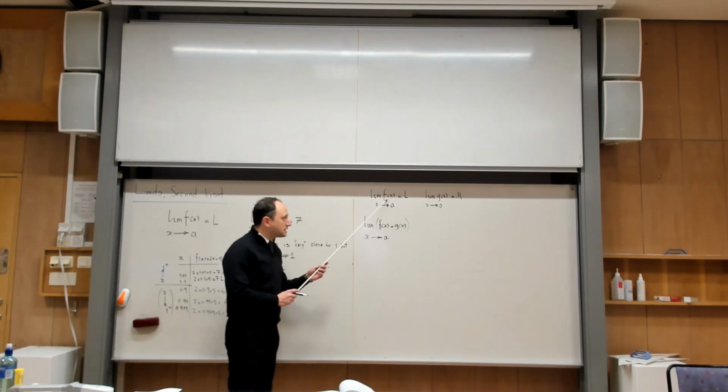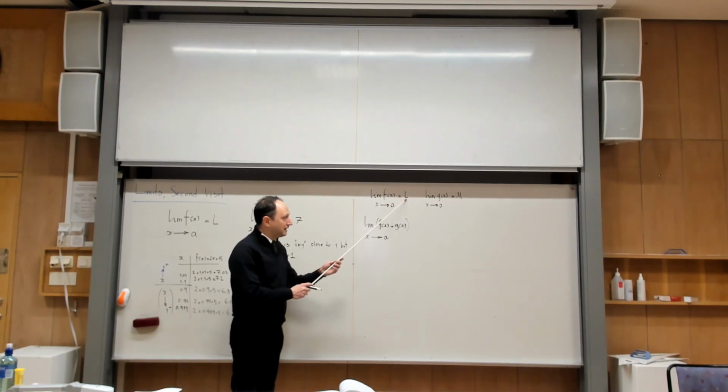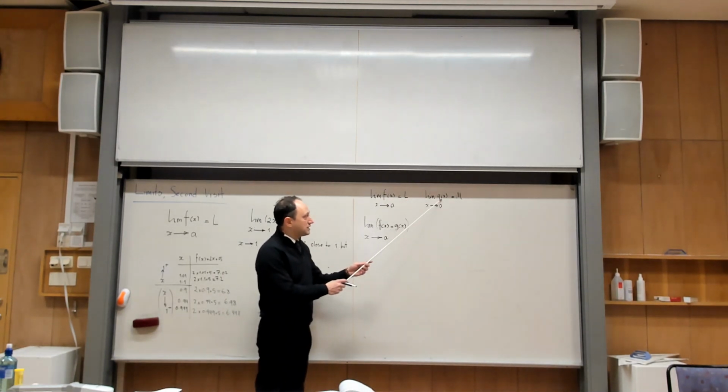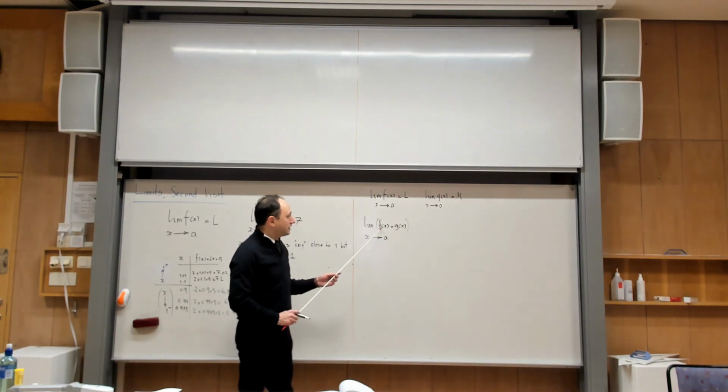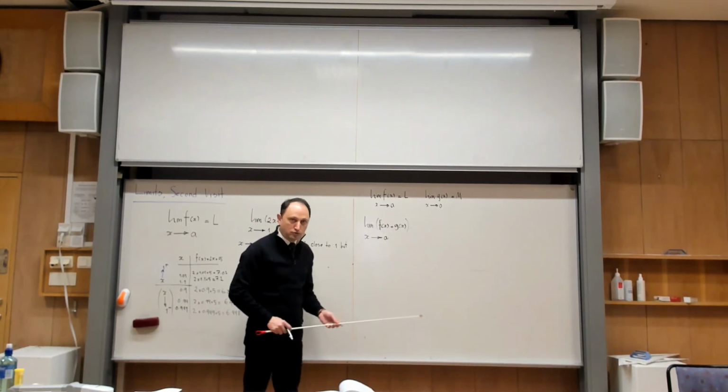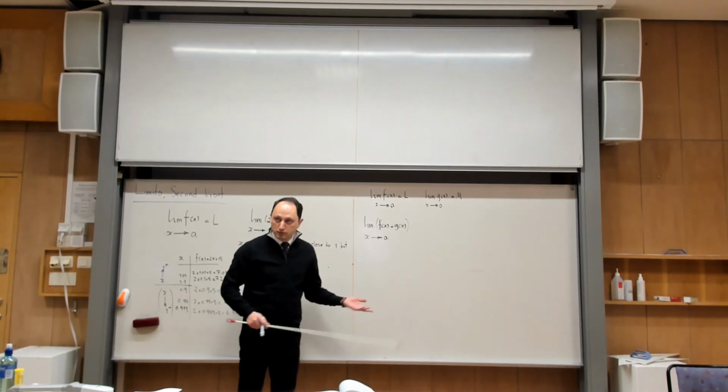Because this means that f of x is getting close to L. This means that g of x is getting close to m. So if I ask you what is the value that f of x plus g of x is getting close to, it is clear it should be L plus m.